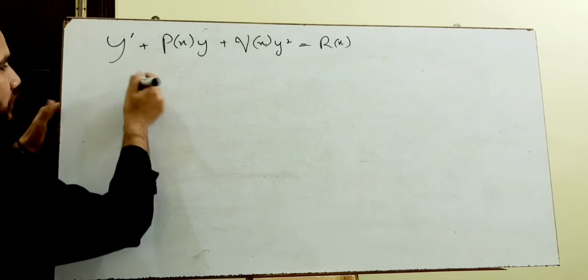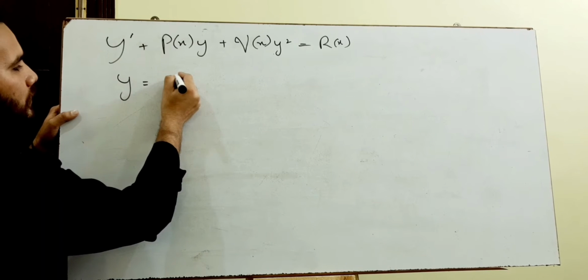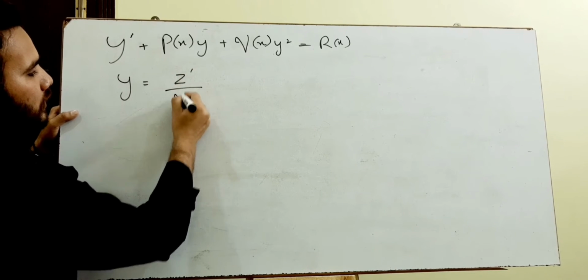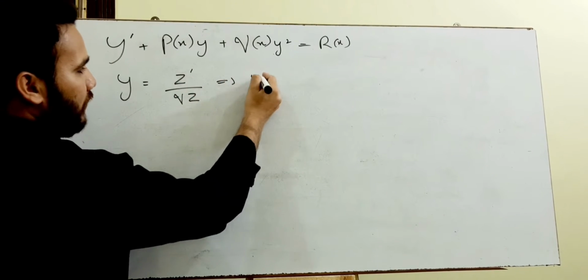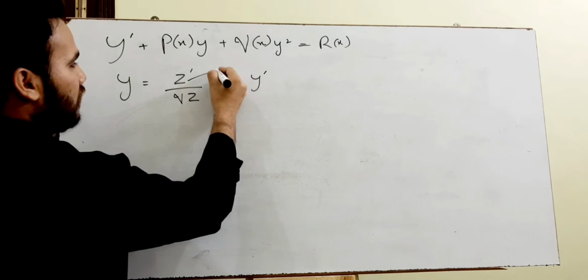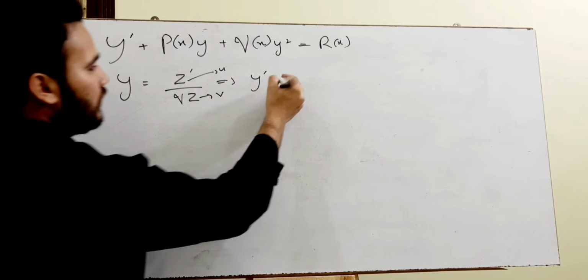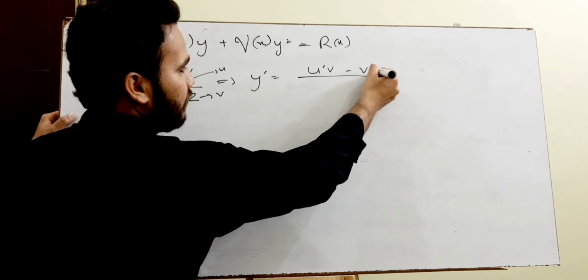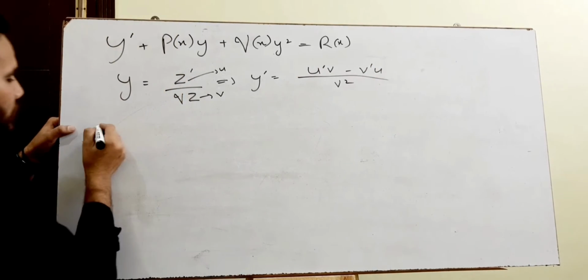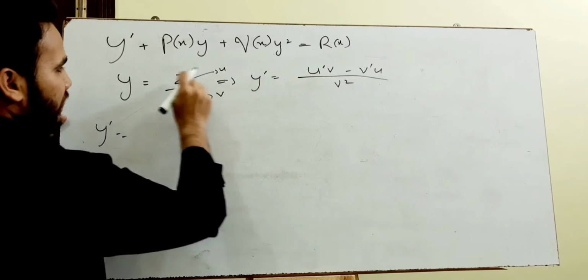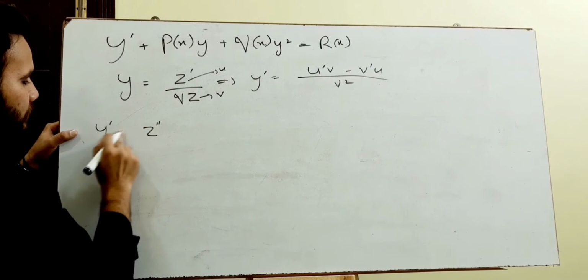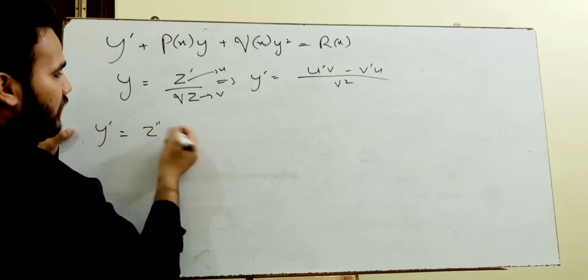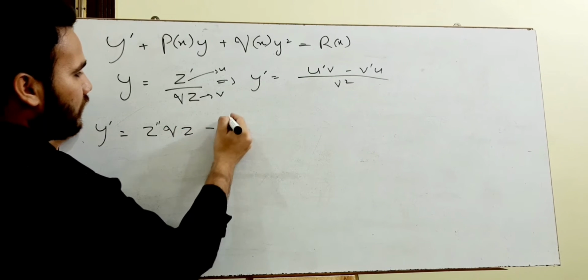Now the last substitution, y equals z prime over q times z. Then y prime, by using the quotient rule, say this is u and this is v, y prime will be u derivative times v minus v derivative times u, divided by v squared. U derivative means z double prime, of course, multiplied by v means q z, minus v derivative.